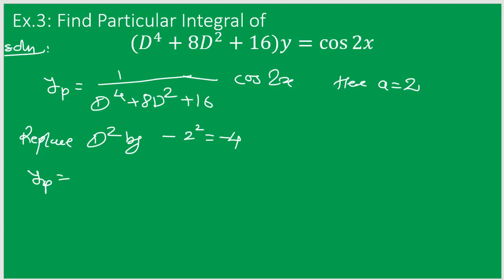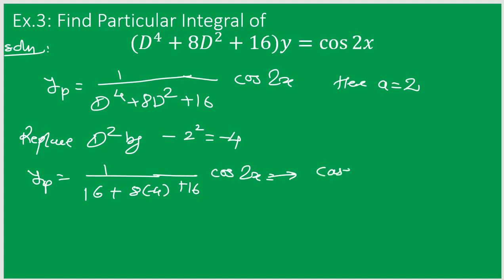So yp will be 1 upon, now when you replace D² by -4, D⁴ will be 16 plus 8 into -4 plus 16 operates on cos 2x, but which is 0, right? Look at the denominator. It is 16 - 32 + 16, that is 0. Okay, so this is a case of failure.